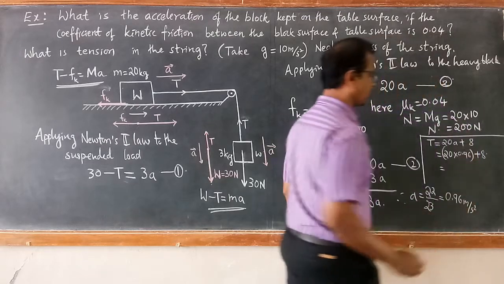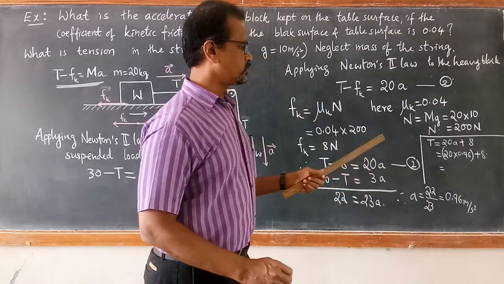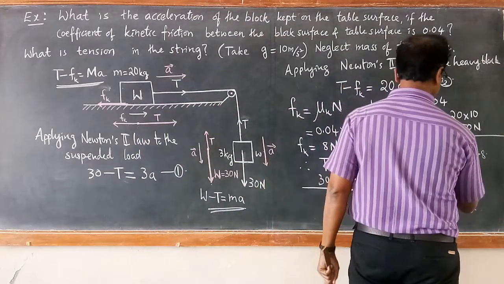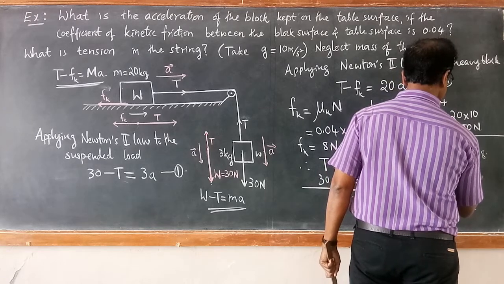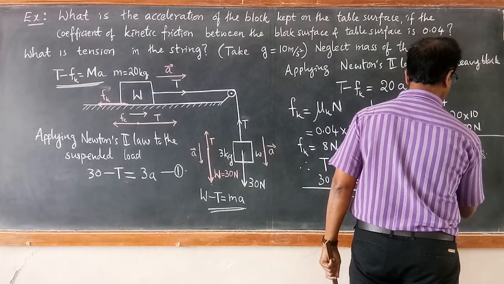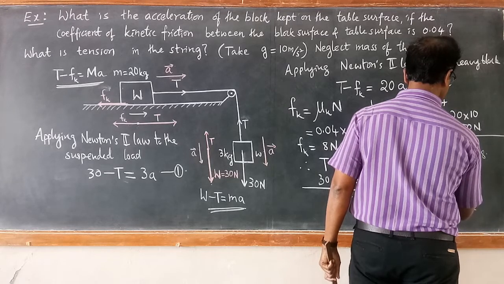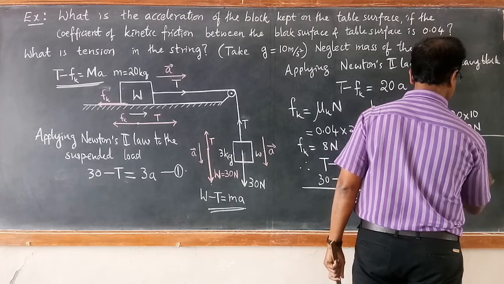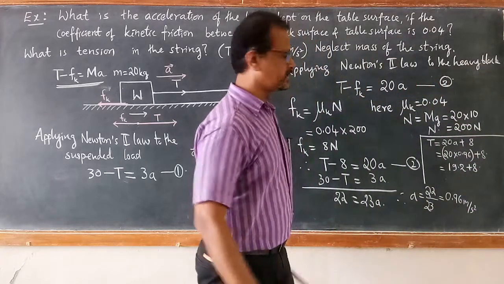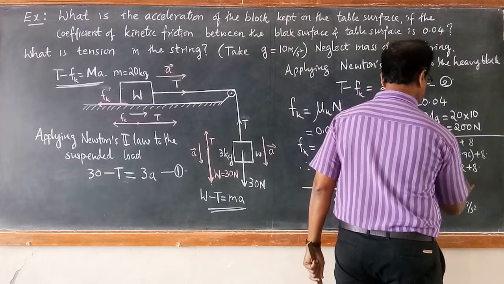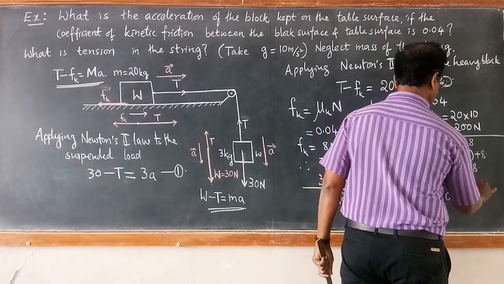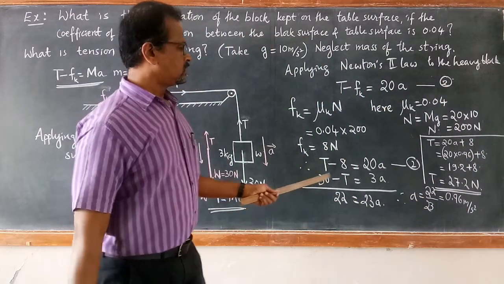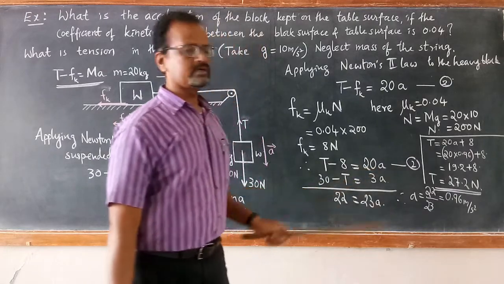If you calculate, the zero cancels, so you are left with 2 into 9.6. 2 into 9.6 gives you 19.2. 19.2 plus 8 gives us tension T equal to 27.2 Newton.